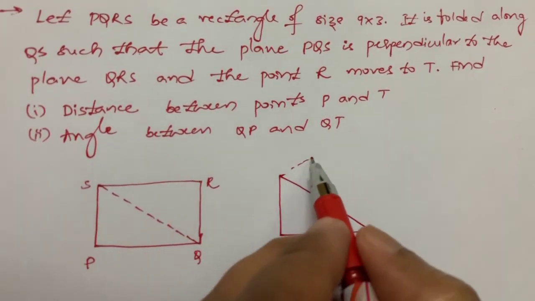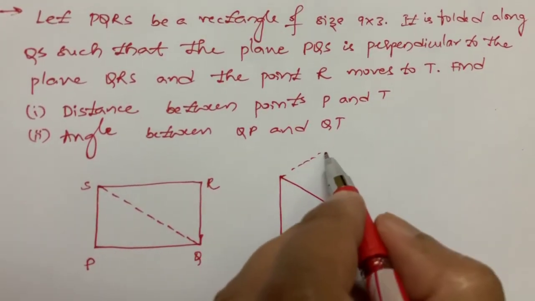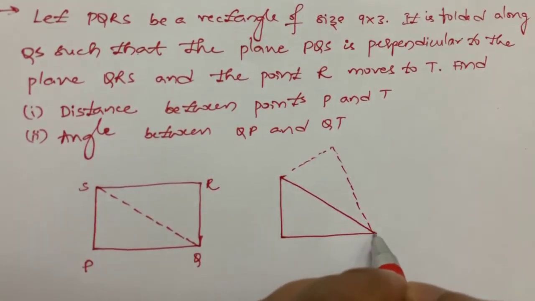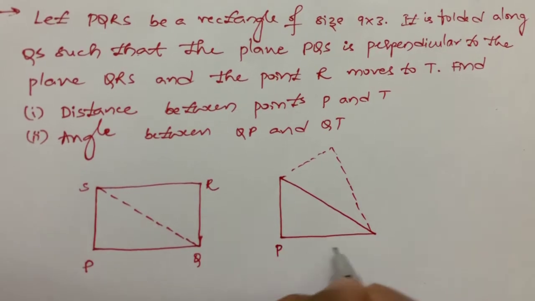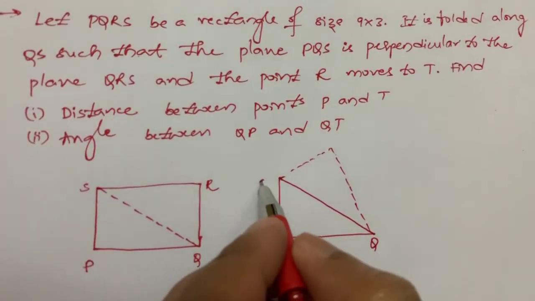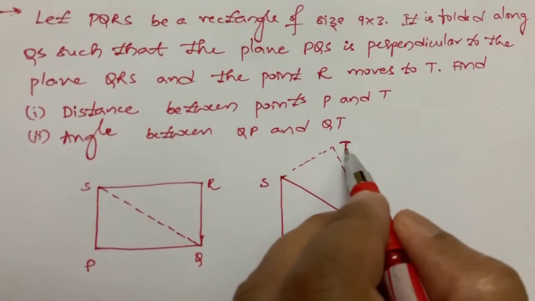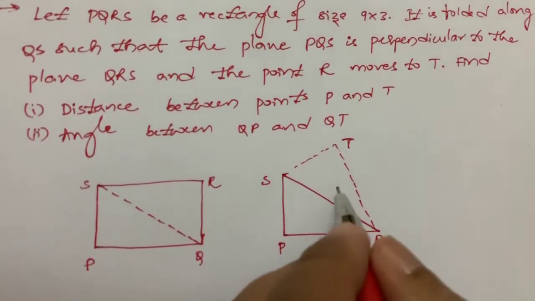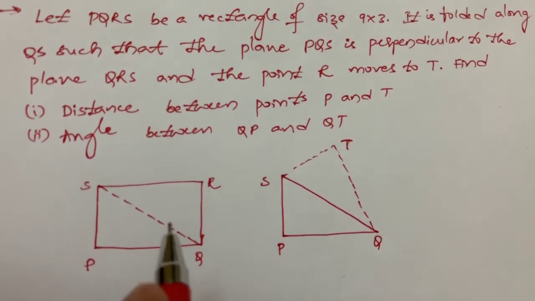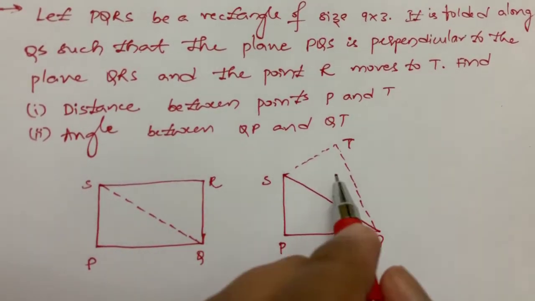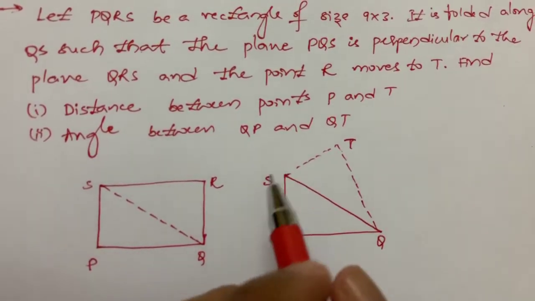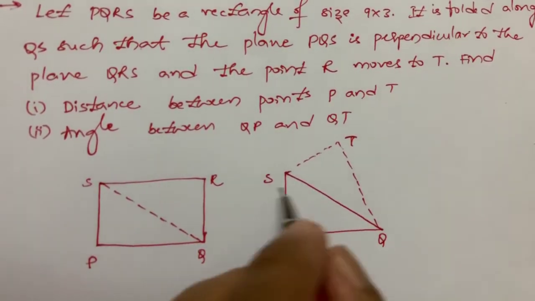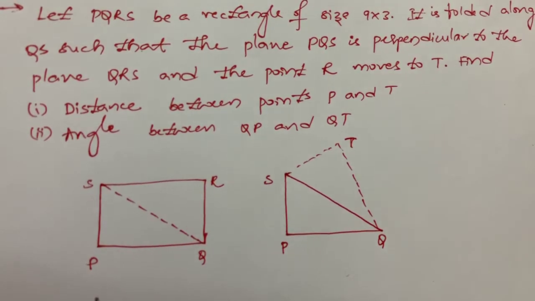If I see the modified figure, now we are projecting it up. So P, Q, and this is T. These two planes are perpendicular to each other. In order to solve this, we are saying the size of this rectangle is 9 by 3, so we'll solve with the help of coordinates.